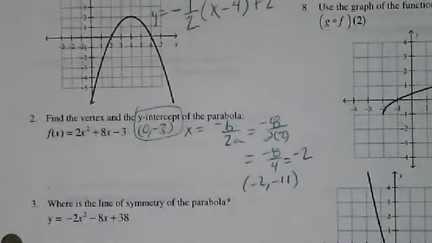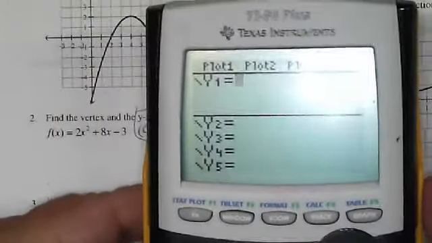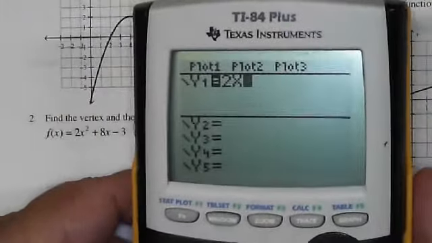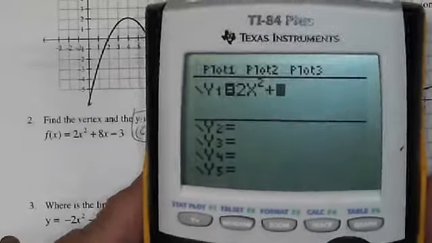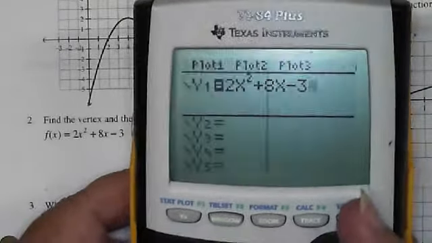You can do all of this on your calculator, which I totally recommend because you're going to use it on the final. So you go to your y equals, and you put in 2x squared plus 8x minus 3. You hit graph.